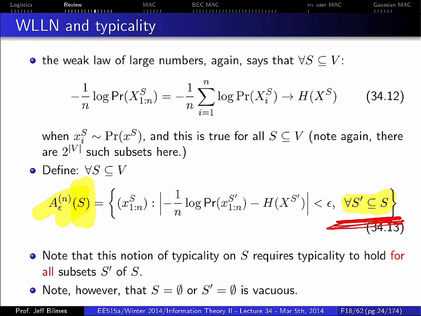So in this particular case, we just have a set V here. And in general, V can include the receiver too. Because remember, even in the directed point-to-point case, we needed to talk about joint typicality, XY typicality. So here, this is just this general notion of typicality where we've got a set of indices V, and we have some subset. So to answer your question, is Y in S? It might be.